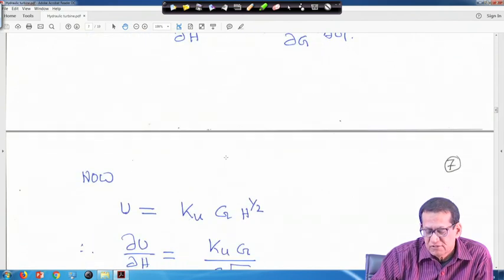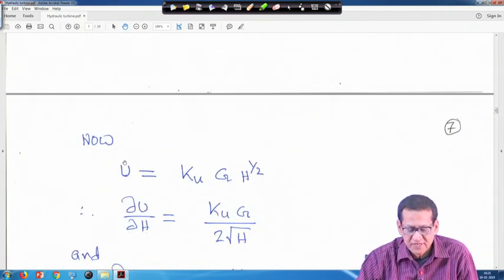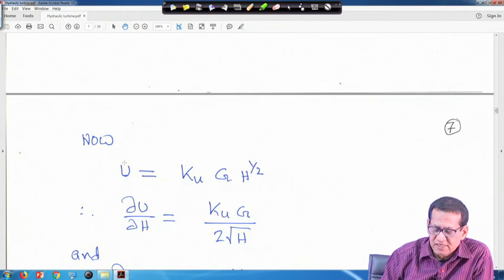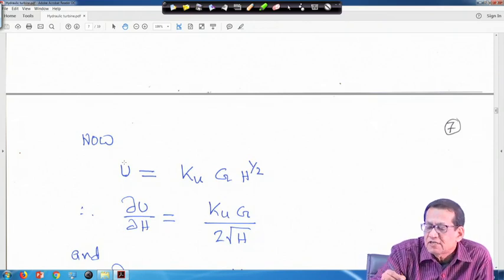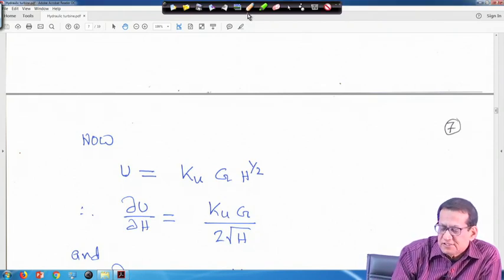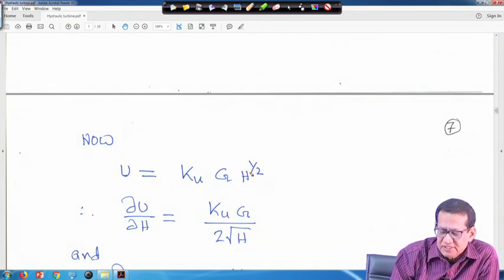So, for small displacements this equation can be written like this. Now, we know that u is equal to ku g root h, so h to the power half, right. Therefore, del u del h is equal to ku g upon 2 root over h.